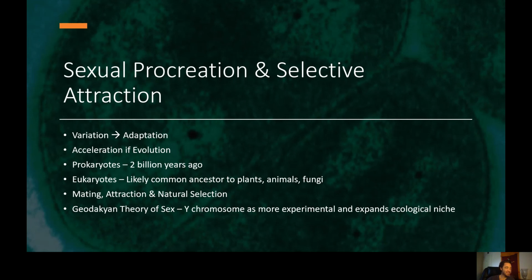So one thing that's super interesting is that these eukaryotes seem to be the common ancestor to plants, animals, and fungi. I think it's especially interesting to imagine that we share an ancestor with plants, with fungi. And that's why we have comparable sexual reproduction.